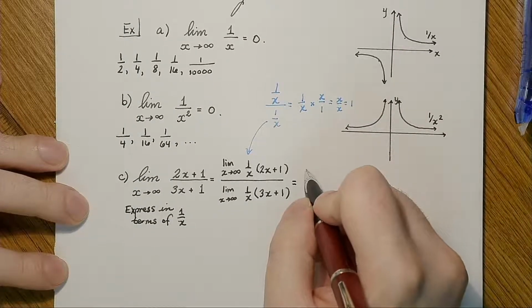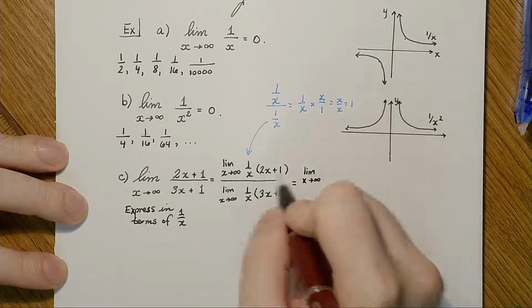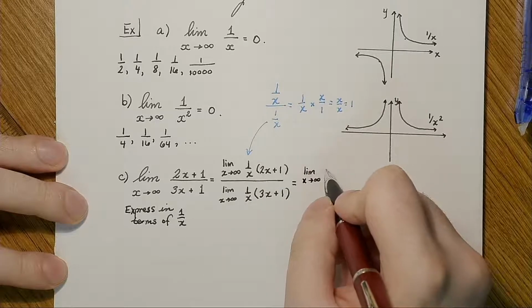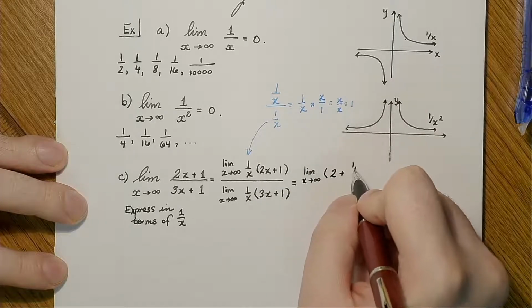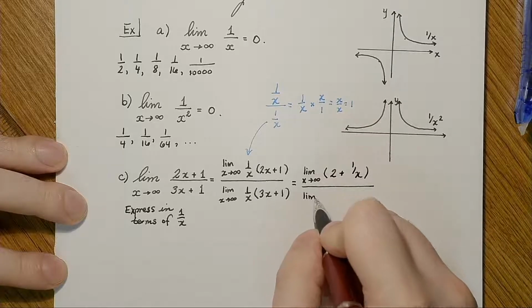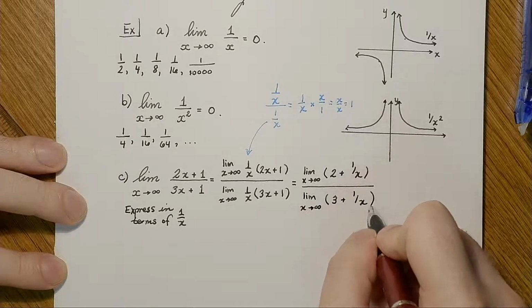I can distribute that. So 1 over x times 2x gives me just 2, plus 1 over x, divided by 3 plus 1 over x.